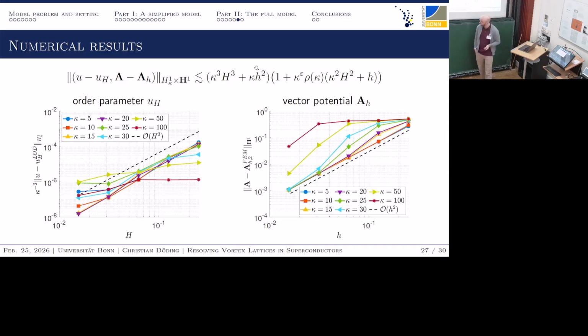In the analysis it boils down that the H3 norm of the vector potential we can bound only by kappa, so this involves this factor here, although the numerical experiments indicate that this shouldn't be there.